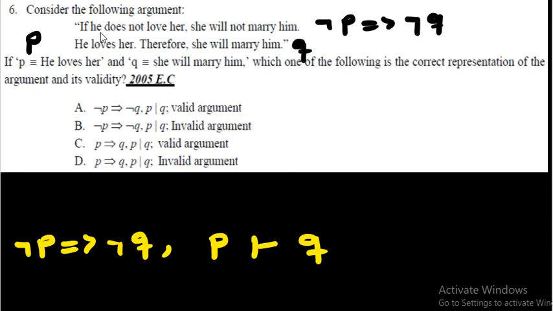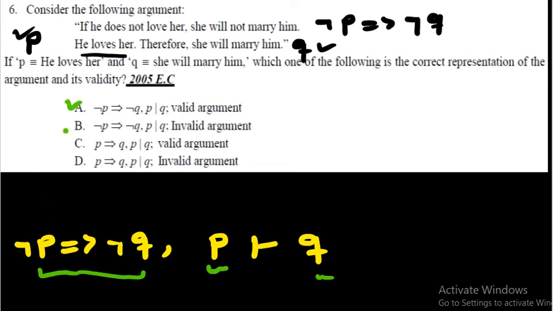The first one, if he doesn't love her, she will not marry him, which is negation P implies negation Q. And the second premise, he loves her, that's P. And the conclusion, therefore she will marry him, which is Q. So when you combine them, first premise, negation P implies negation Q, and second premise, P, and the conclusion is Q.